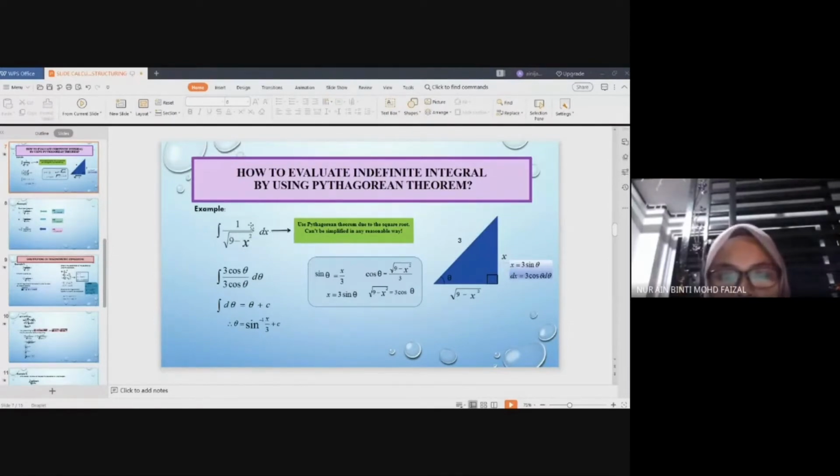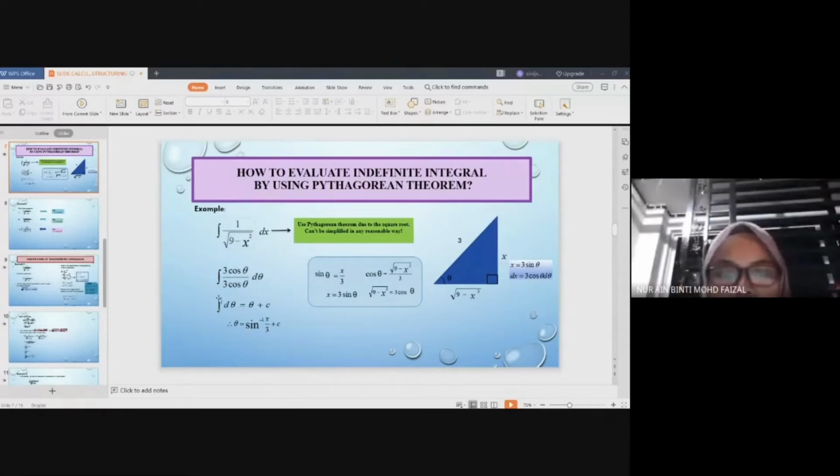So let's take the value of dx by using x equals 3 sine theta, and then you find the indefinite integral, where dx equals 3 cos theta d theta. So it's going to be similar right over here, 1 dx. Just put 3 cos theta d theta over 3 cos theta, because the square root of 9 minus x squared will be 3 cos theta.